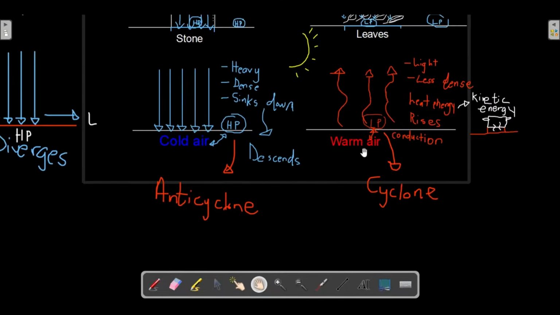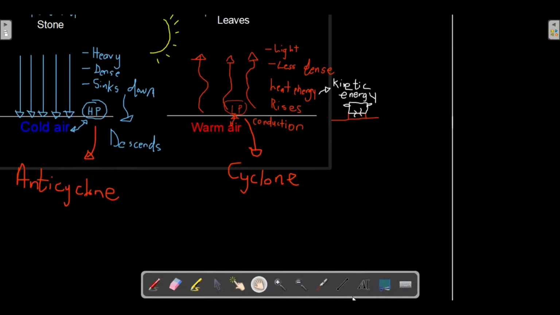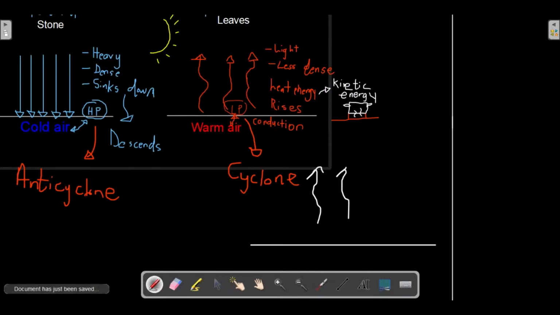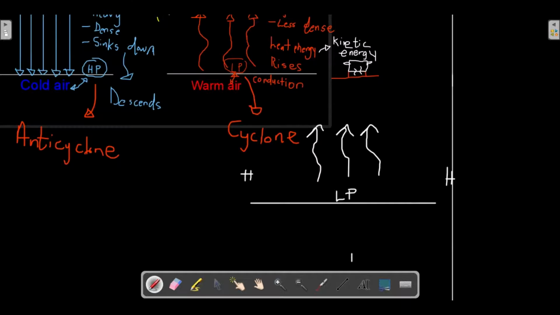And then when it comes to warm air, we say that warm air is rising up. If it is rising up, it is leaving an area of low pressure at the ground. So what happens? Relatively higher pressure areas will want to move towards that low pressure.